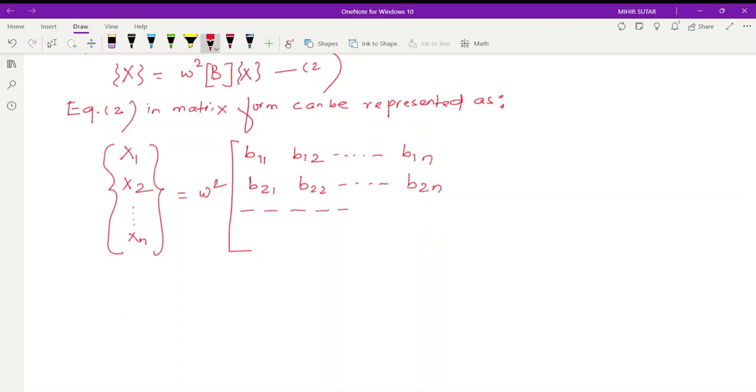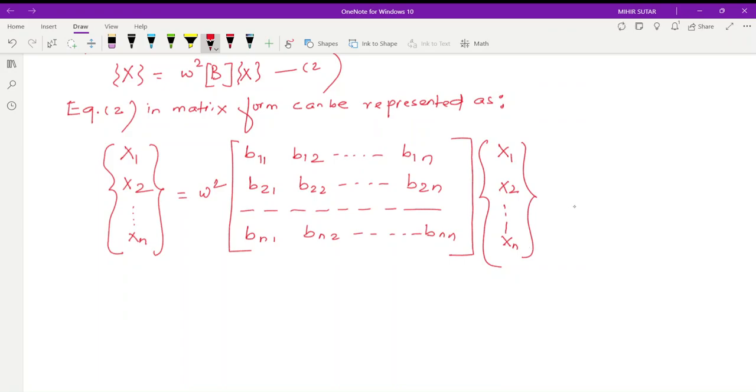Let us say at the nth row we will have BN1, BN2 up to BNN, okay, multiply by x1, x2 up to xn. Okay. Let us say this is equation 3.